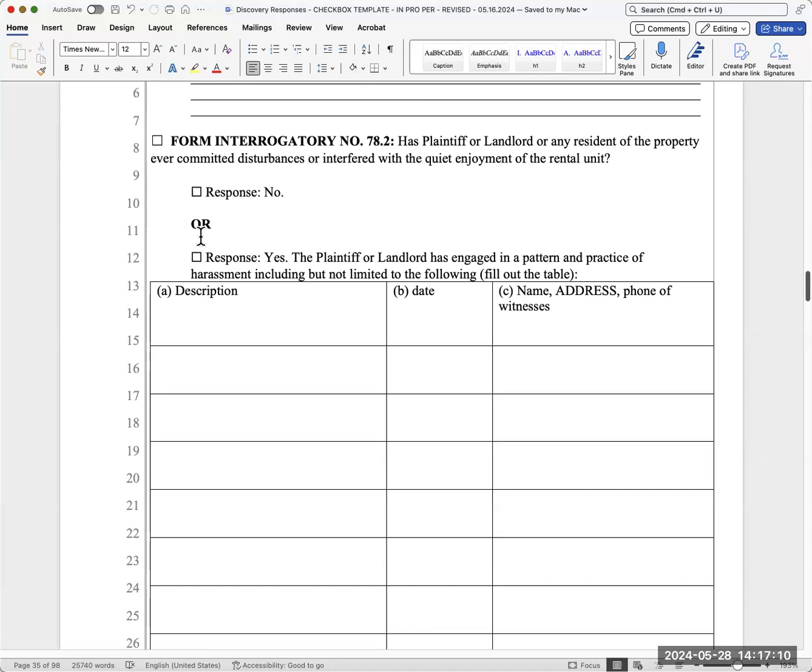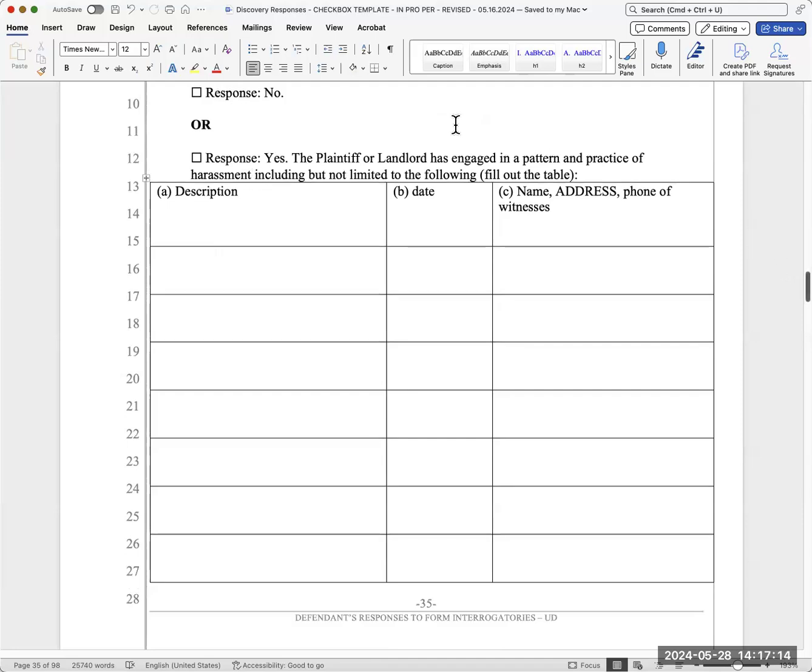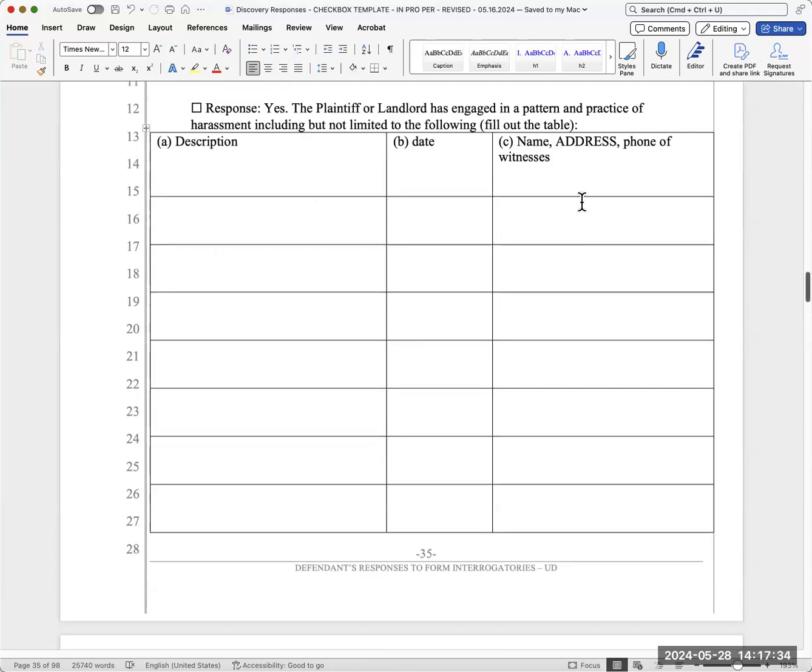There's an expectation that the landlord will remedy that problem. You write out those stories here. Sometimes it's the landlord committing the disturbance, right? You might have a perfectly reasonable explanation for not being able to pay the rent, but the landlord is harassing you, banging on your door at all hours of the day and night, calling and harassing you on the phone, and whatever.